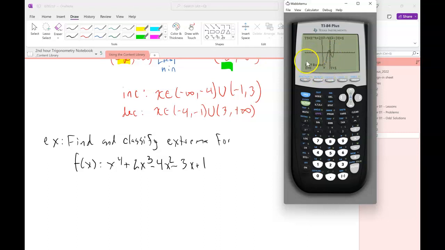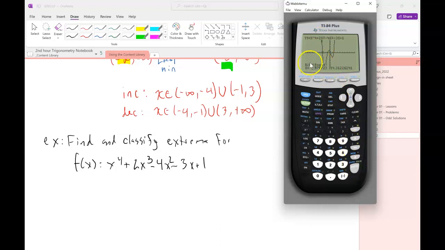What the left bound is asking me to do is to move my cursor somewhere to the left of the minimum I'm looking for. So if my minimum is right here where my cursor is, I'm just going to move my calculator cursor somewhere over here on the left side of it. Doesn't really matter where, so that's good.